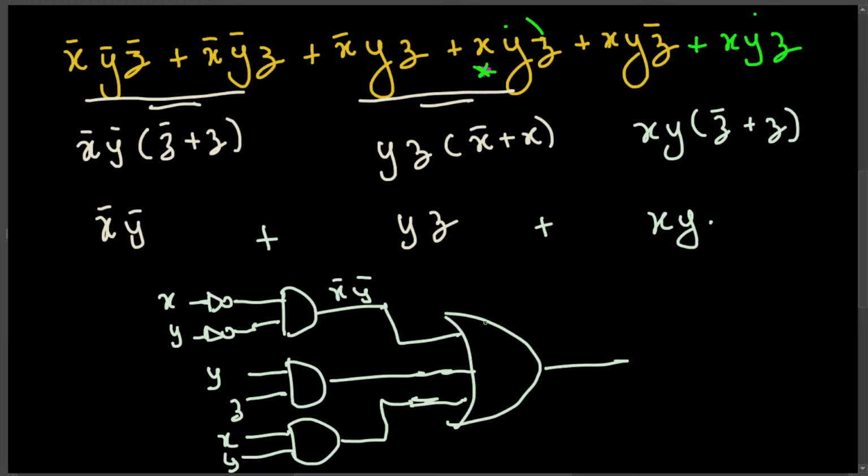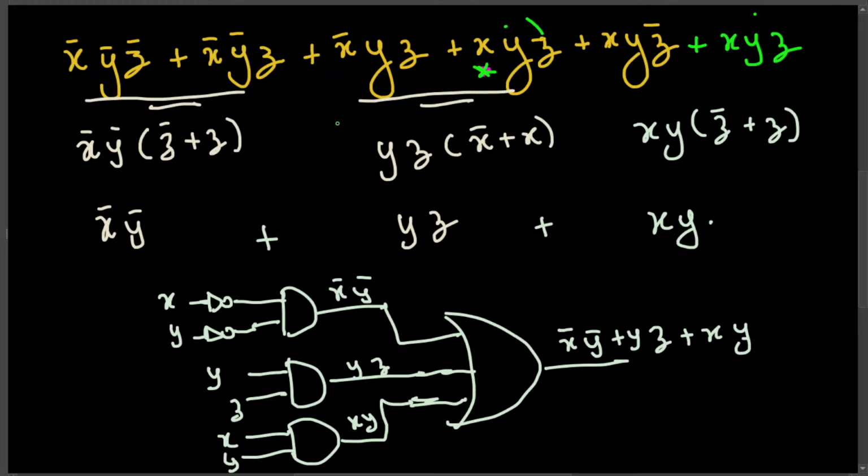The output is going to be this expression, x bar y bar plus yz plus xy, where this is yz and this one is xy. This is what the diagram looks like using logic gates.